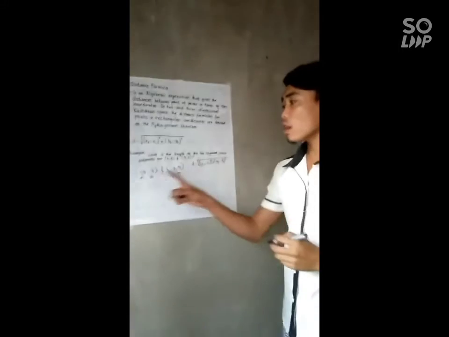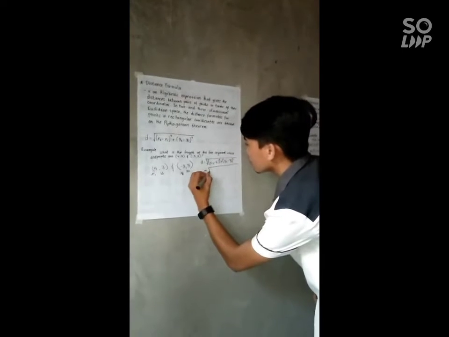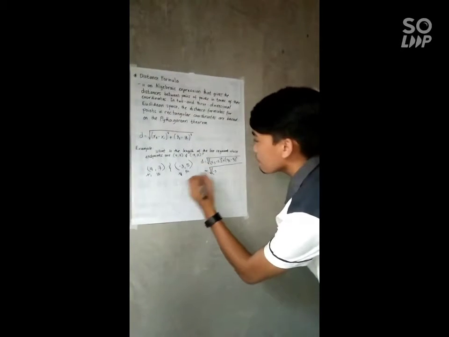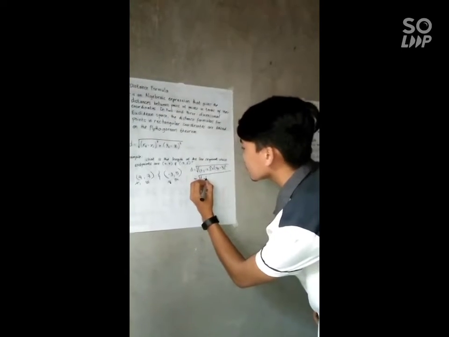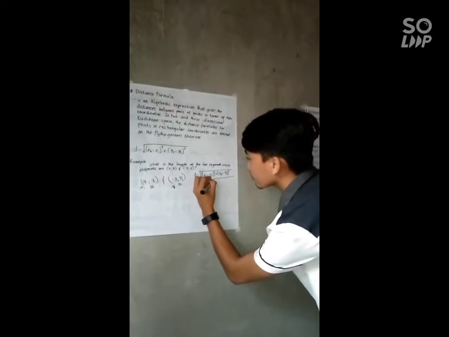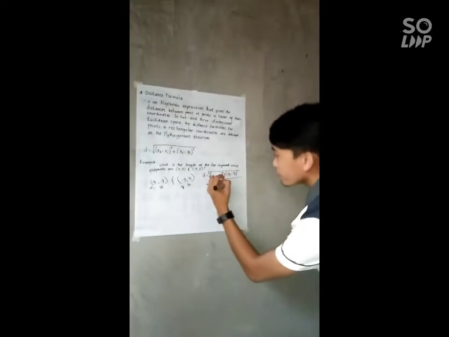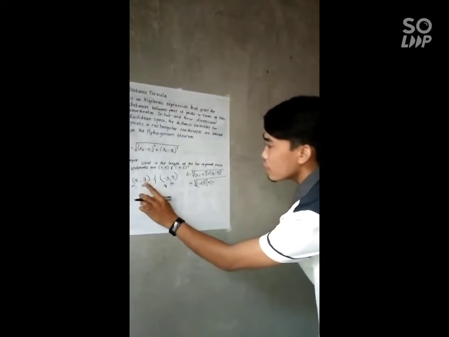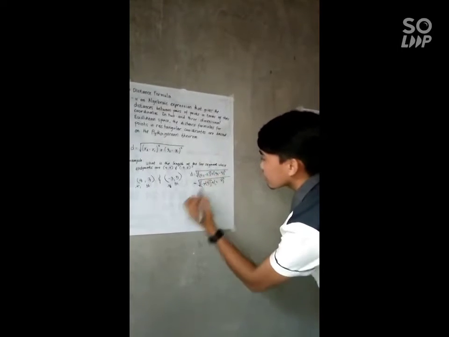Substituting, we get square root of x2, which is negative 3, minus 4, squared, plus y2, which is 5, minus y1, which is 7, squared.